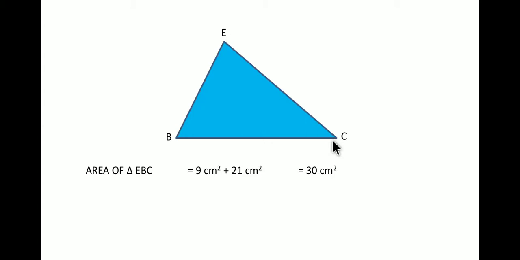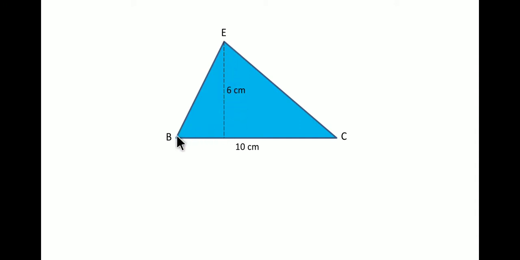So now we know that in this triangle EBC, this line over here was 6 centimeter, and this one was 3 centimeter from here to here, and this one was 7 centimeter. So the total of 3 and 7 becomes 10 centimeter. So this is 10 centimeters and this one is 6 centimeters.